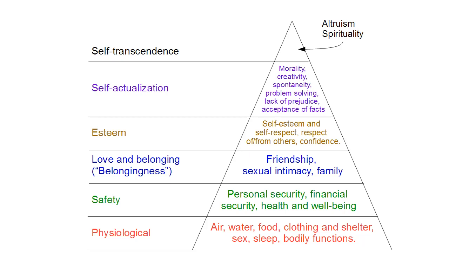These are the sort of things you need to think about when you have to make a decision and you're not sure. Think about what category that decision is going to fall into, and obviously the further down the pyramid, the more important it is.